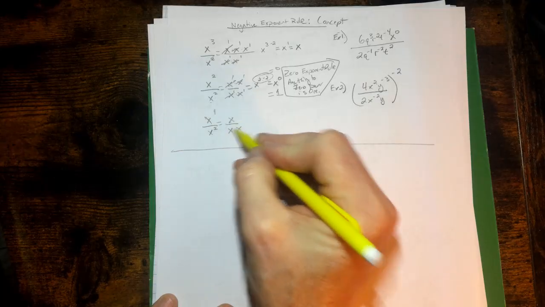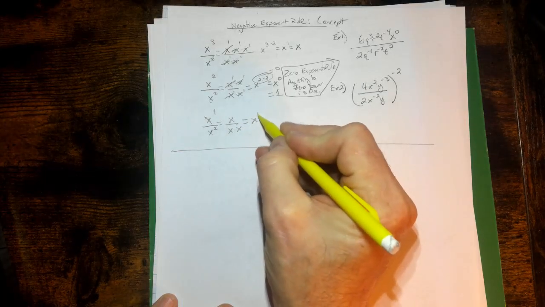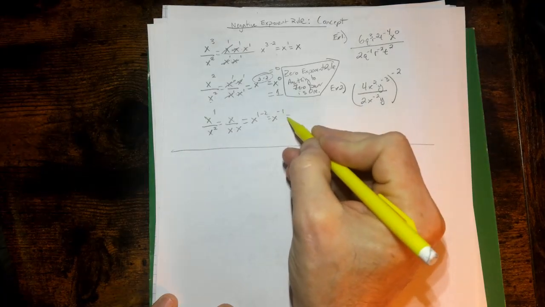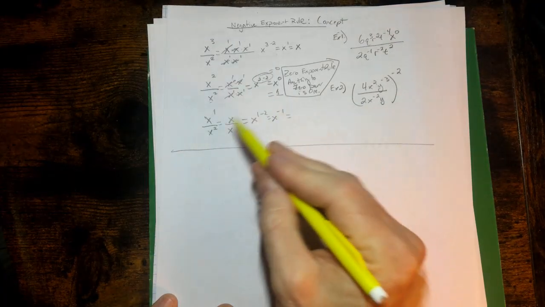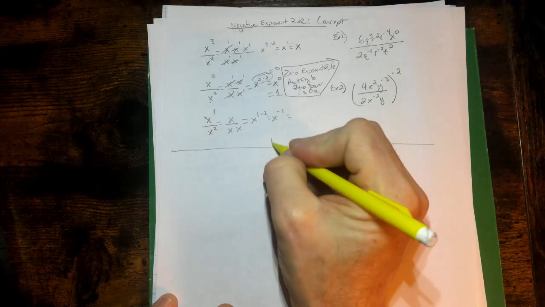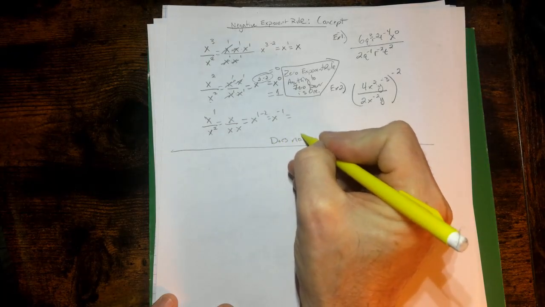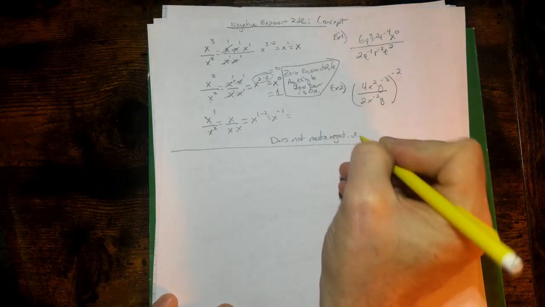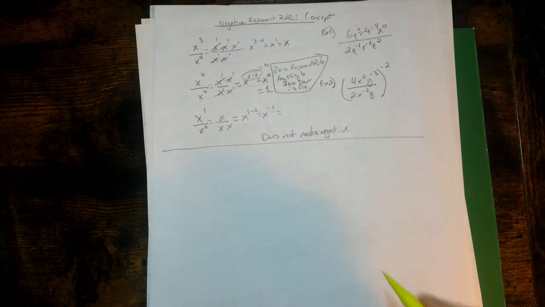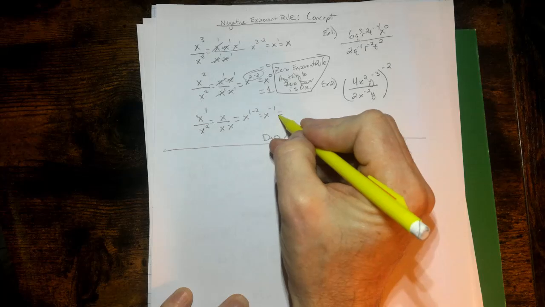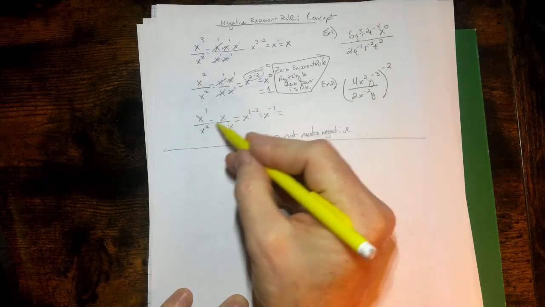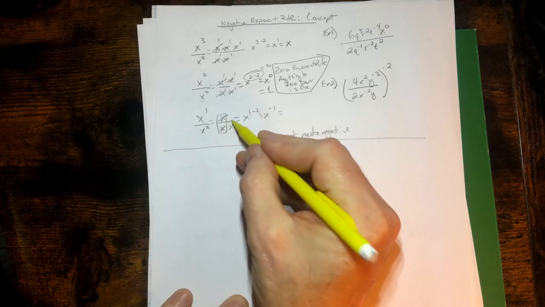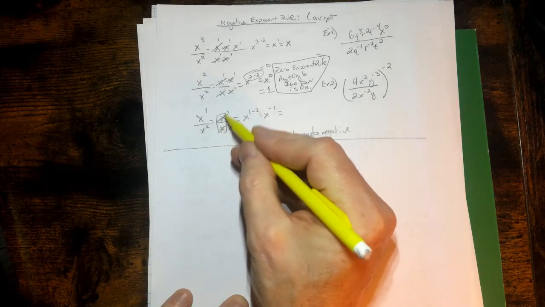We end up with 1x on the top, 2 on the bottom, but the quotient rule tells us to subtract, which gives us this negative 1. But a negative exponent does not make the number negative, okay? That's a misconception, or often an error when thinking through this. What it helps us visualize is that the negative 1 lets us recognize there are x's in the numerator and the denominator, which means they have to cross out, and I'm left with a 1 leftover.